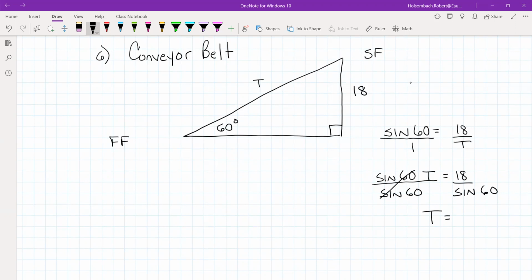Round your answer to the nearest foot. I get 20.78, which we're going to round to 21. So the supplies are traveling 21 feet up this hypotenuse. The second part of the question says, if the belt moves at 75 feet per minute, this is a conveyor belt, and it moves 75 feet in 60 seconds.